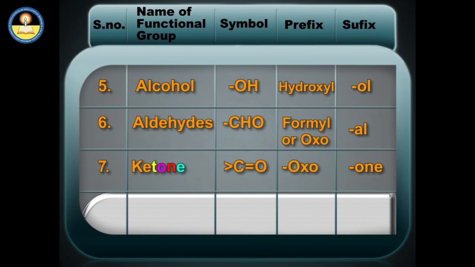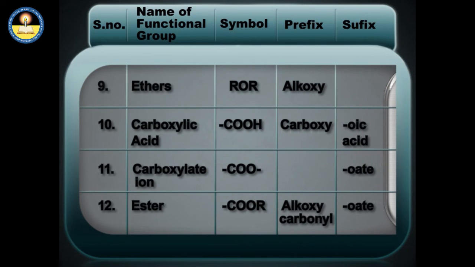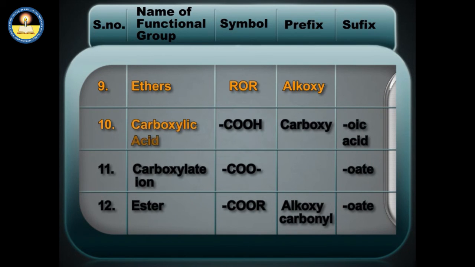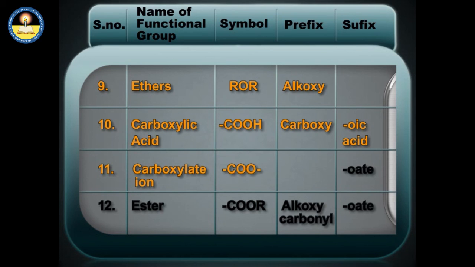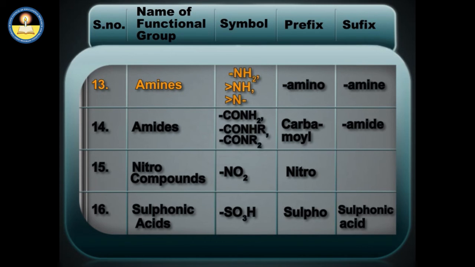For ketone, its relevant prefix is oxo and relevant suffix is -one. For nitriles, its relevant prefix is cyano and relevant suffix is nitrile. Similarly, we can see other functional groups, their symbols, prefixes and suffixes in the shown table.